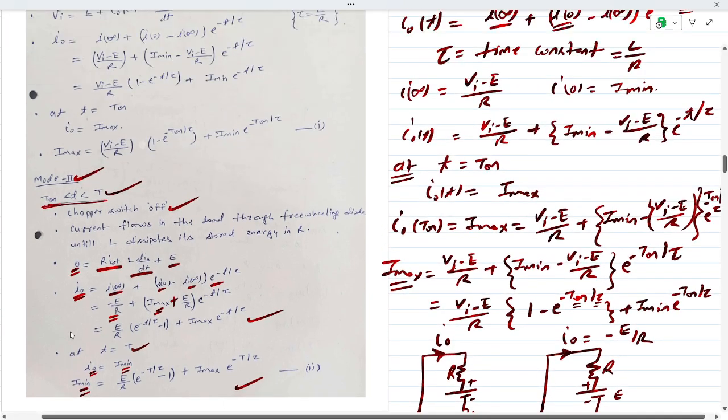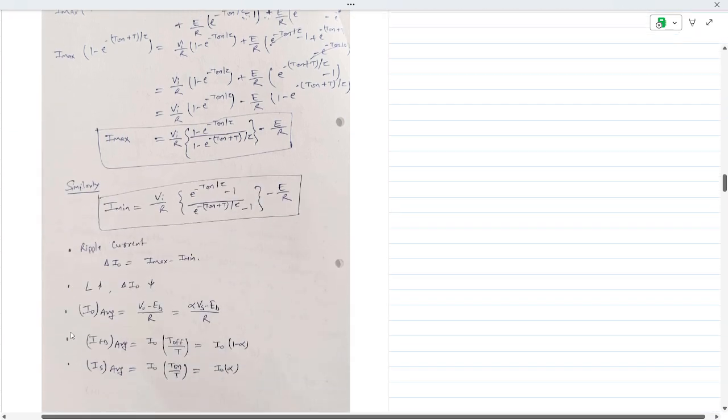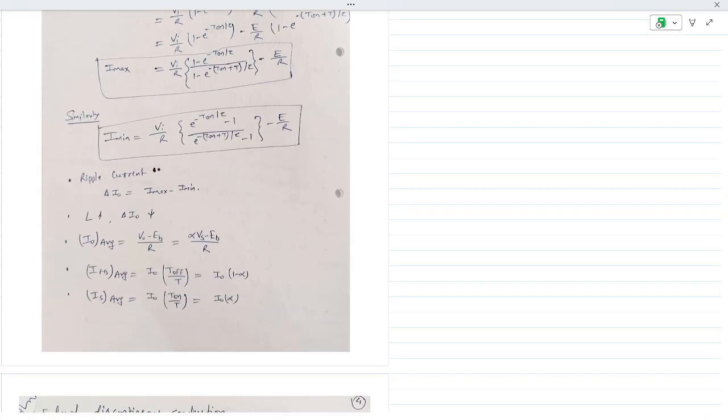Now we have these two equations, so we can calculate the value of ripple current, which is the difference of I max and I min. After simplification, we can get these two equations also. We can see that if we increase the value of L, the ripple current will decrease. Why?